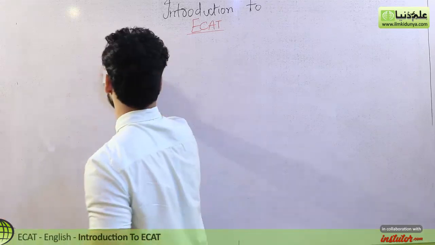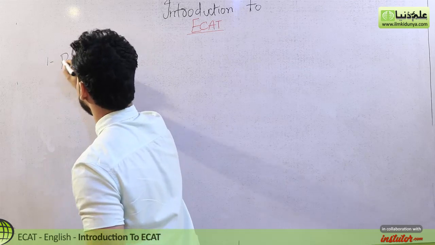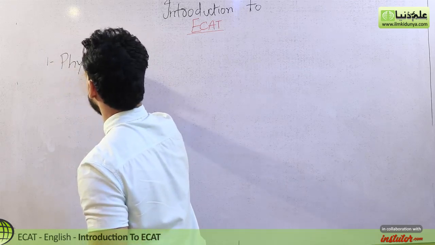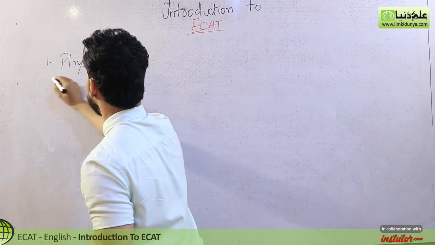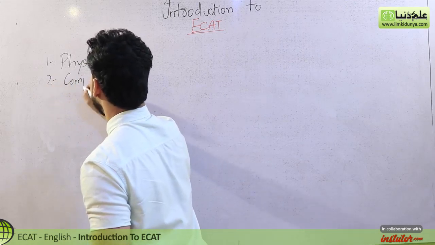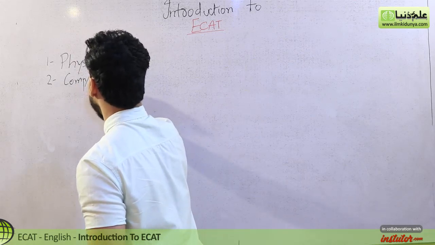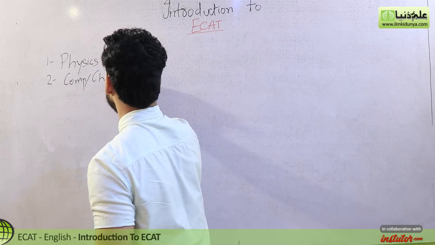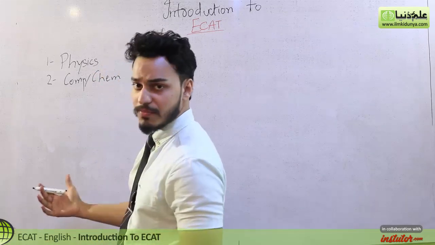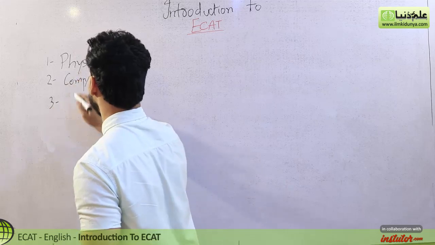Firstly, we'll be seeing its content. Primarily, we have physics. These are the science subjects which carry more marks, but the chunk of English is very easy to do, and it gives you 100% marks, right? There is no way of losing marks if you simply know the techniques.